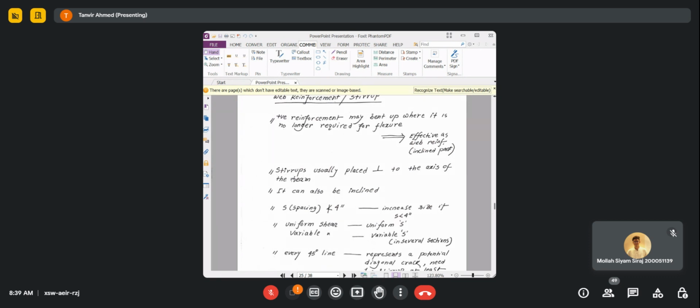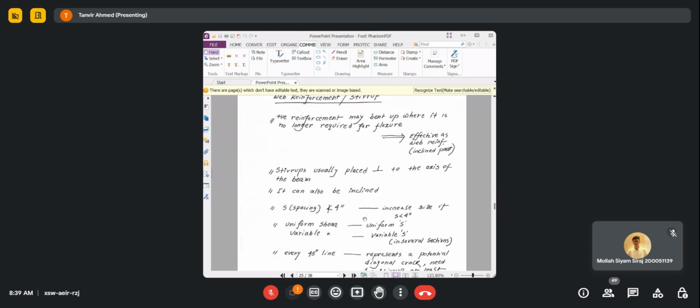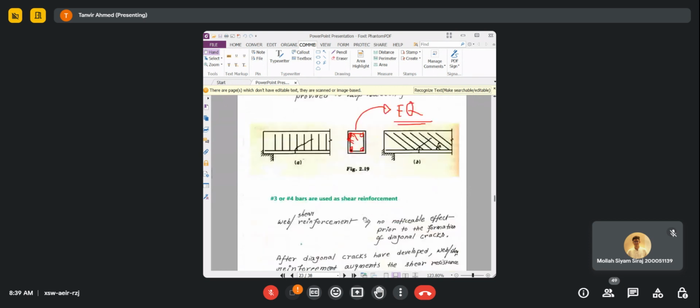You already know that the stirrups are perpendicular to the centroidal axis of the beam. They can also be inclined, as we have seen. Both of these will take care of the diagonal cracks, but obviously the vertical ones are more commonly used.